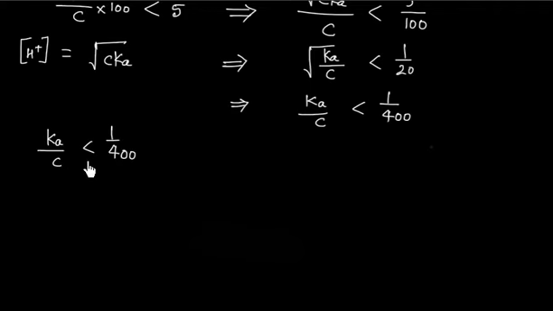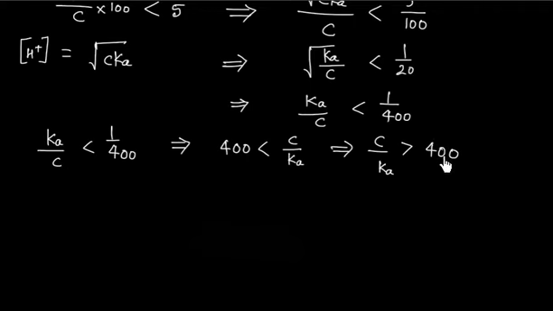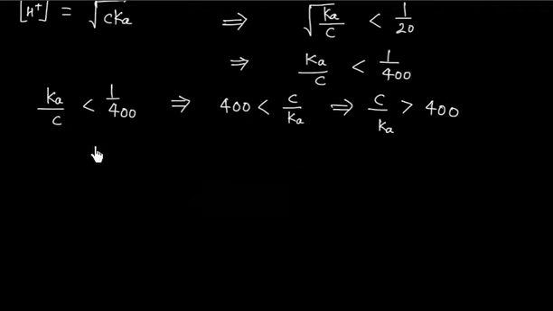I can also write the same way, that 400 should be less than c by Ka. So if c by Ka is greater than 400, approximation is allowed. Are you getting or not? So in this case, approximation is allowed.